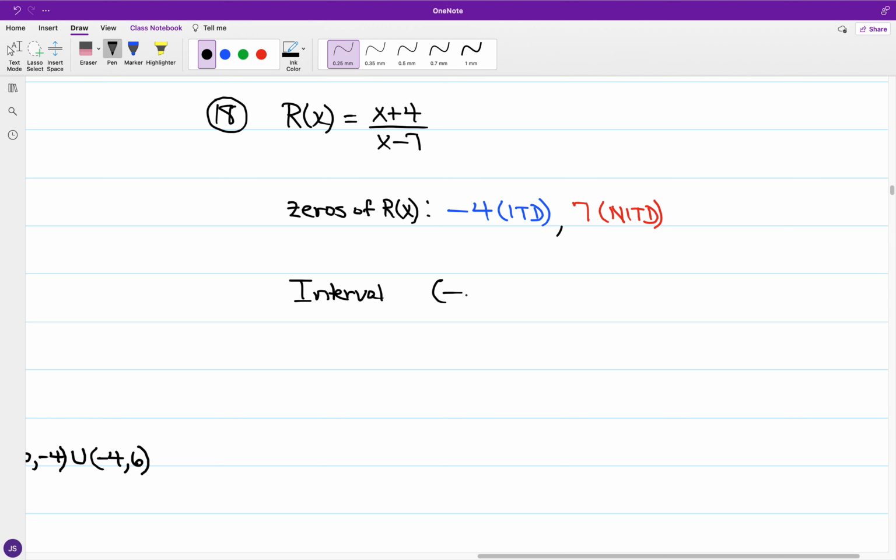So for the extreme left values, we're looking at those less than negative 4. Then we have those between and not including negative 4 and 7. And for the remaining set, we have those values of x greater than 7.